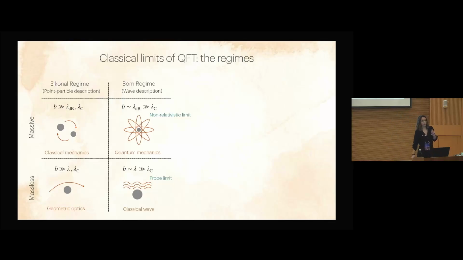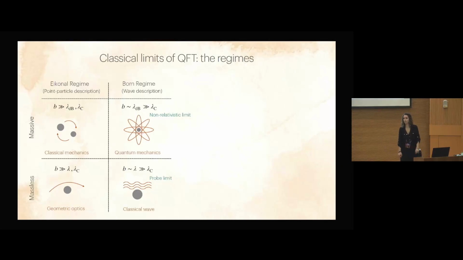If B is of the order of the de Broglie wavelength, but much larger than the Compton wavelength, you have quantum mechanical effects. But this inequality also imposes a non-relativistic limit. This is the simplest way to see it: if you want to do relativistic quantum mechanics, then you need particle production in QFT. If you scatter massless states at very large impact parameter, then you are in the geometric optics limit.